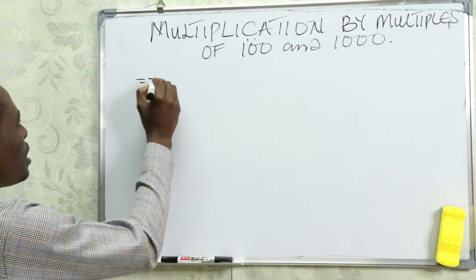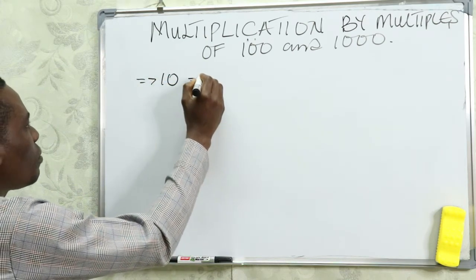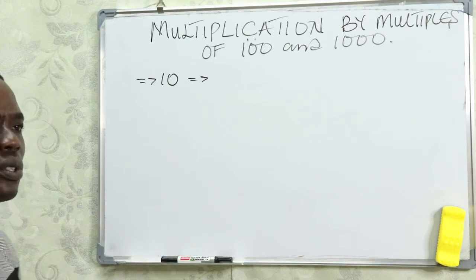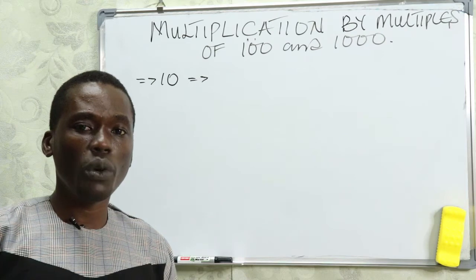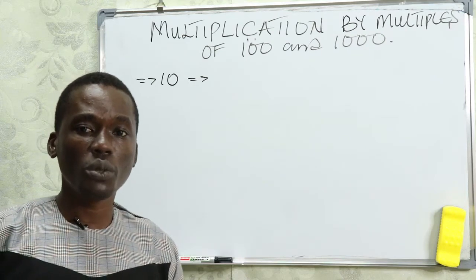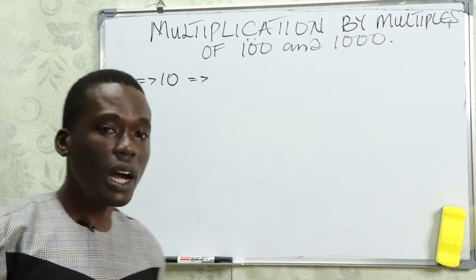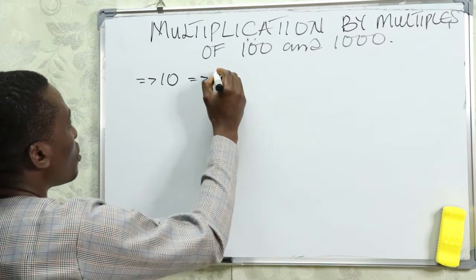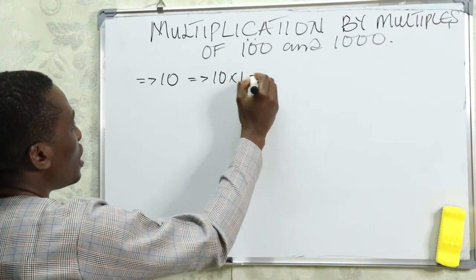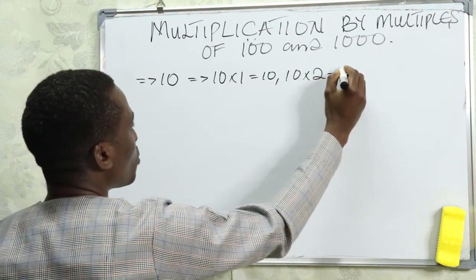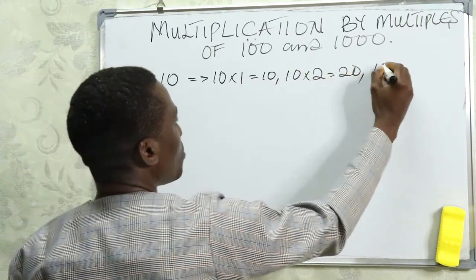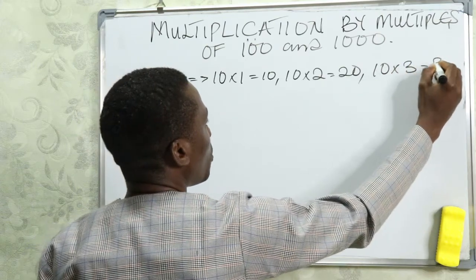Now let's look at 10 as a number. What are the multiples of 10? The multiples of 10 are those numbers you get when you multiply 10 with numbers from 1 to infinity. Now how do we know that? We have 10 times 1 equal to 10. 10 times 2 equal to 20. 10 times 3 equal to 30.